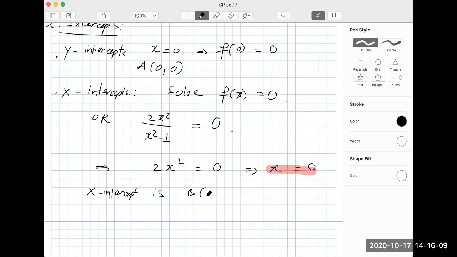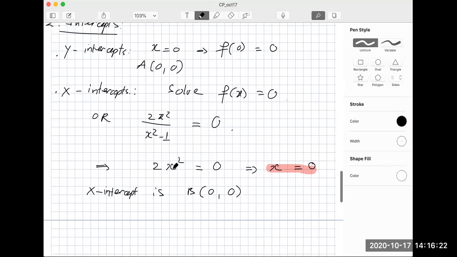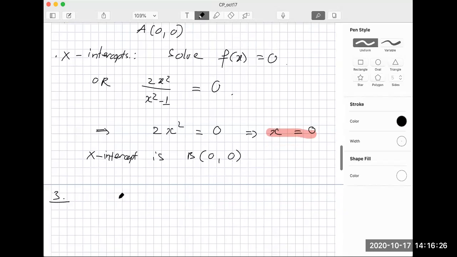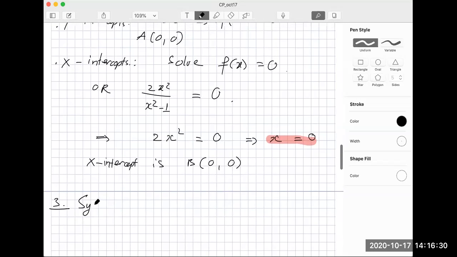It would be B at x is equal to 0, 0. Okay? We found the intercepts. Now, what is the next step? Find the symmetry. Very good.